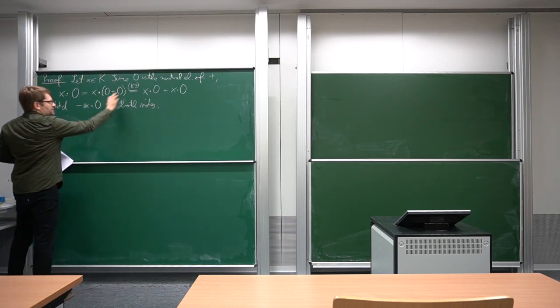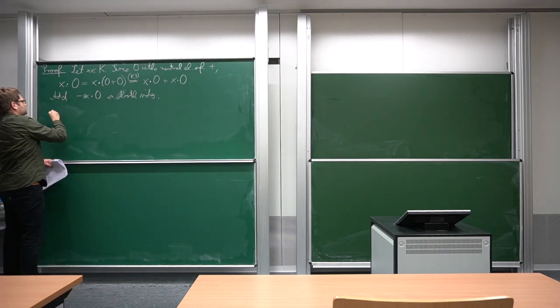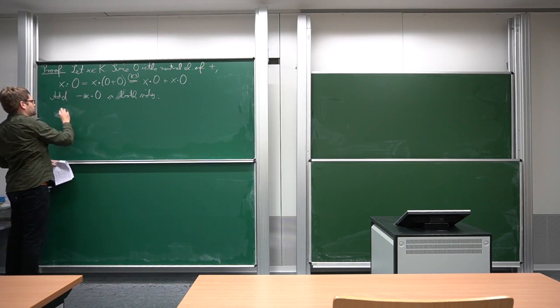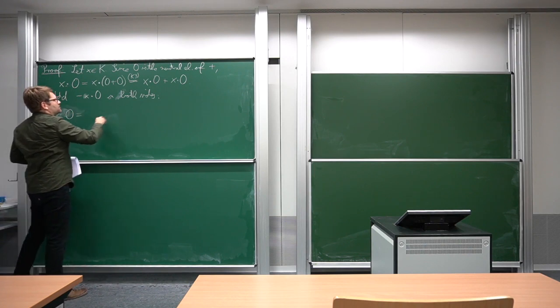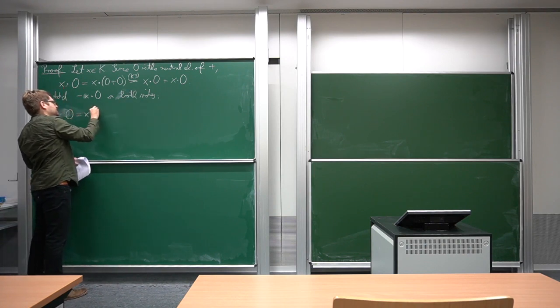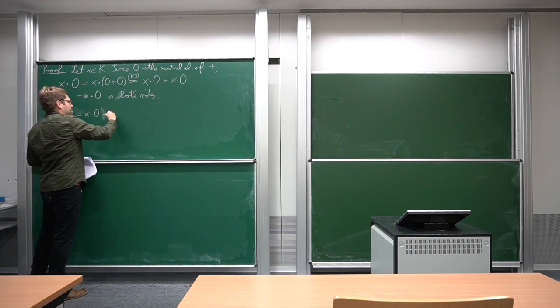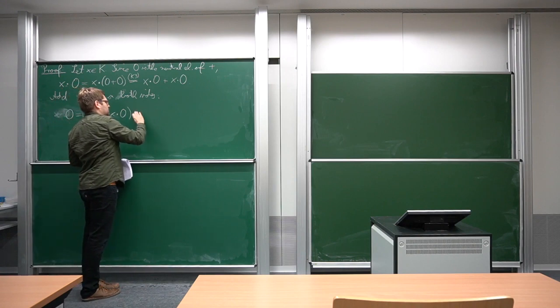Which yields that x times 0, on this side, if we add the inverse of this, will just become 0. And on the right-hand side, we get x times 0 plus x times 0, and then we've added minus x times 0.